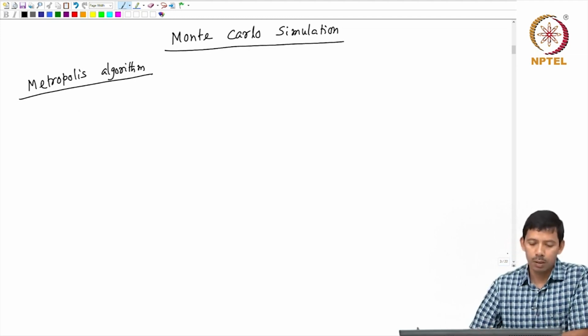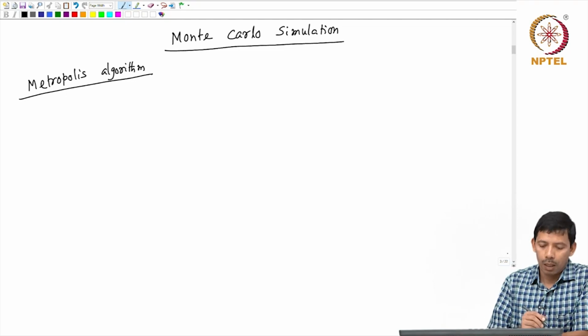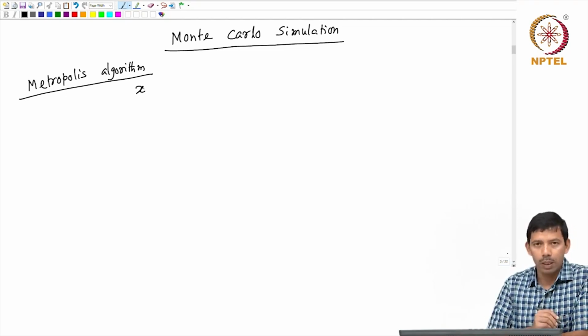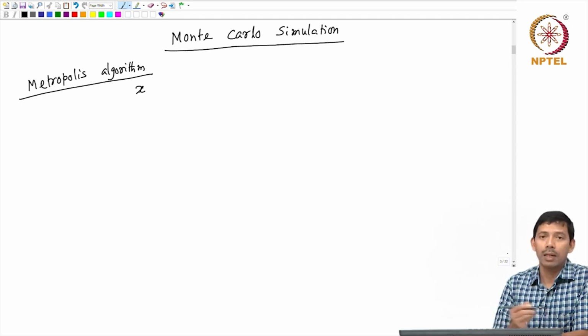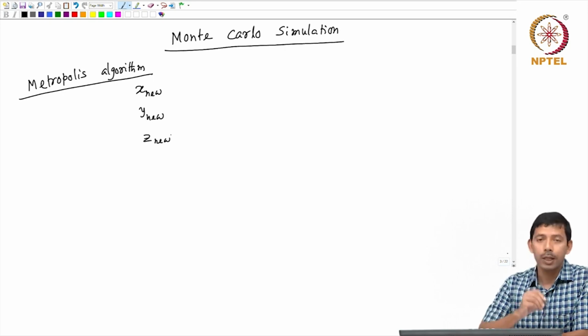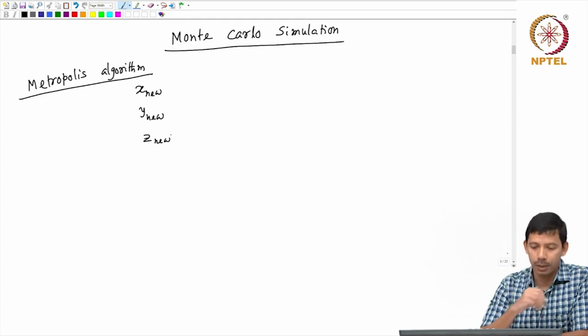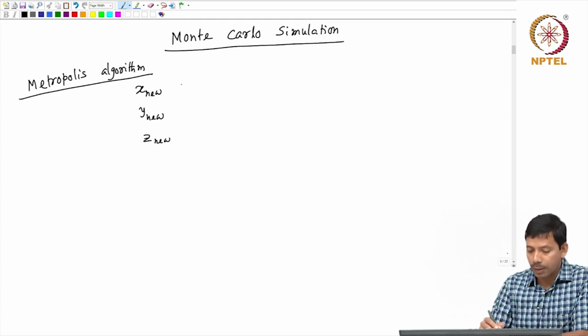So, in Metropolis algorithm, we will be generating the new coordinates of ith particle using random number generator. So, let us say x new, y new and z new are the x, y, z coordinates of my ith particle, and this x new, y new and z new I will get as follows.